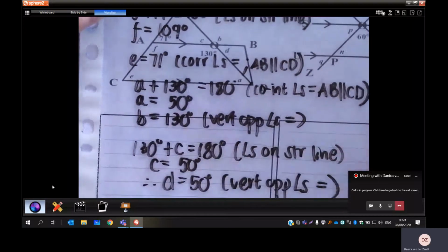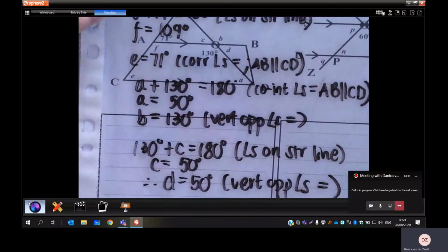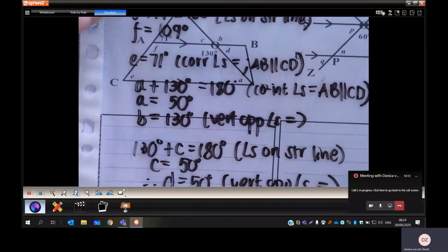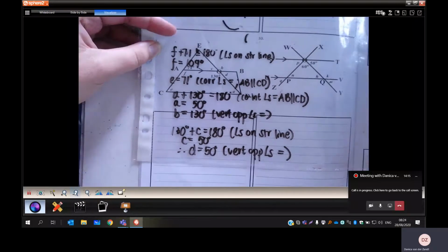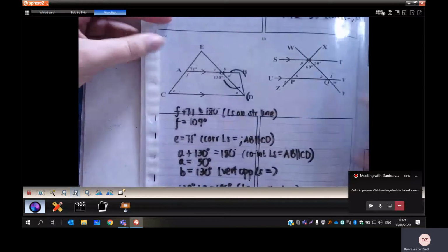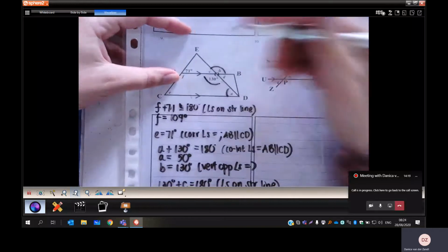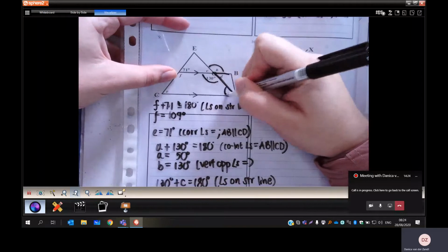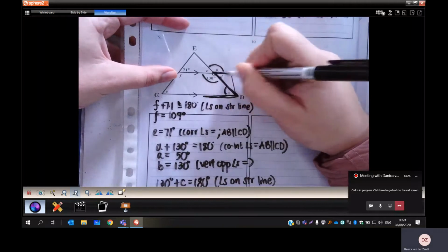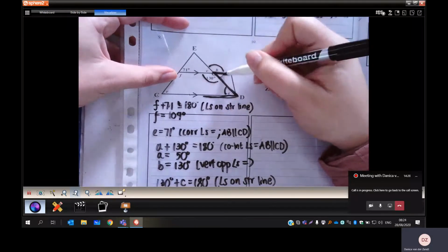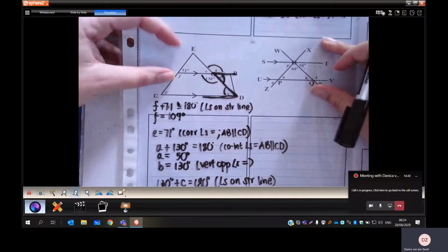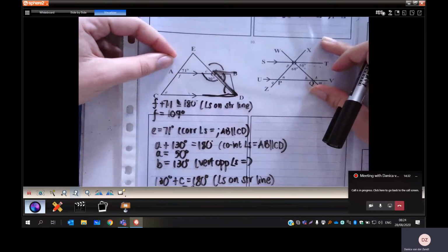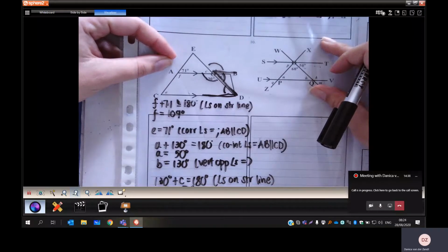But what I was trying to get to is the fact that we can use alternate angles to find D. So there's my A, and I found the vertically opposite, but look here. There's my Z. So A would be equal to D. Specifically making A equal to D, what reason would I use?